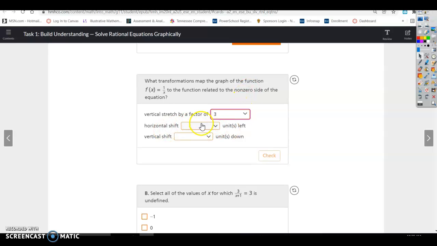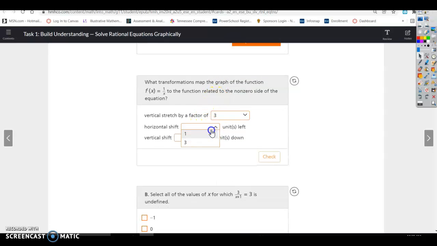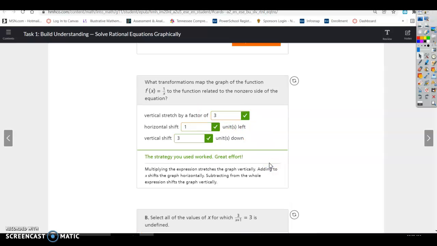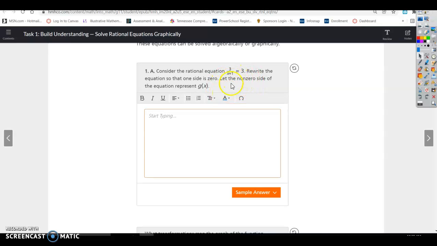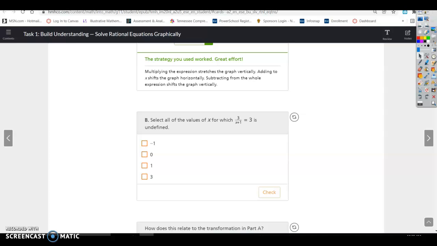And then a horizontal shift, so we're going to shift it left 1, so minus 1. And then we're going to have a vertical shift down 3. So left 1, down 3, and a vertical stretch as well. Those just come from the numbers right here in the new function. That's the transformation of the parent function.